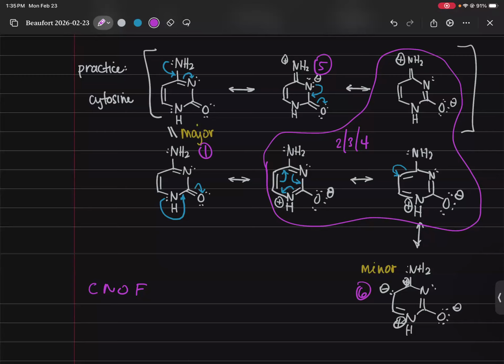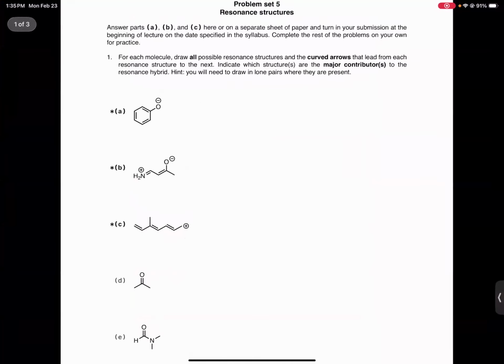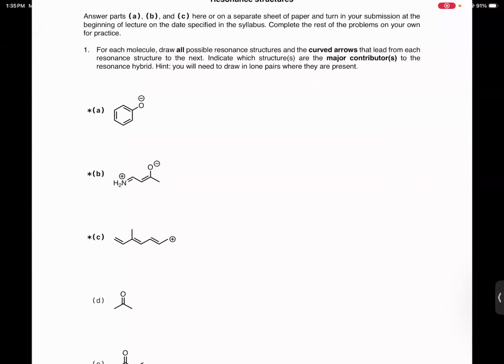But that's not a hard and fast rule. And the curved arrows that lead from each resonance structure to the next indicate which structures are the major contributors to the resonance hybrid. So mainly I'm just looking for the number one major contributor, although you should be able to rank all of them like we just did. Although I wouldn't do that to you on an exam.